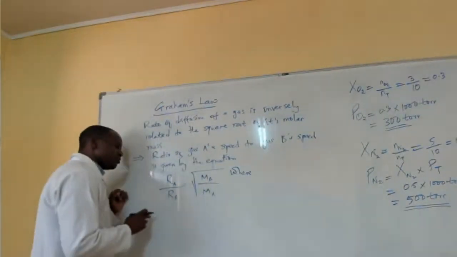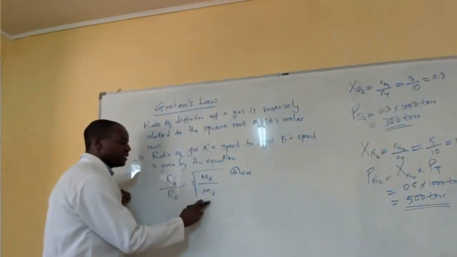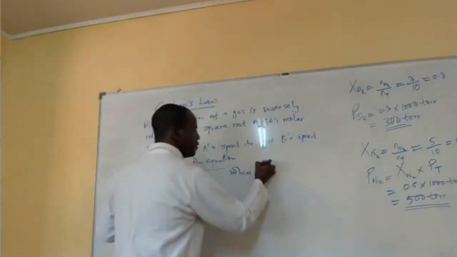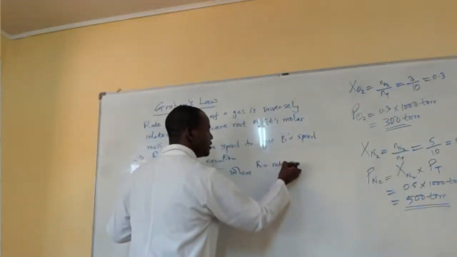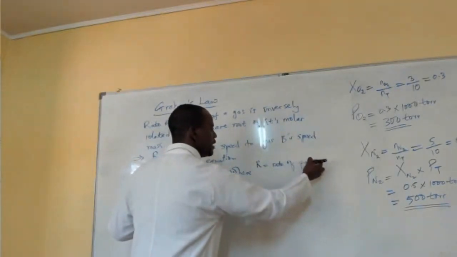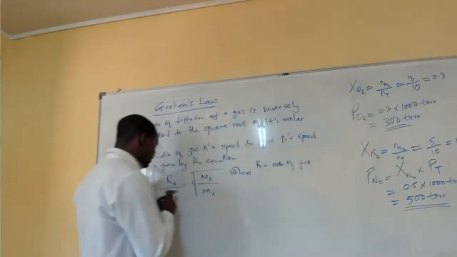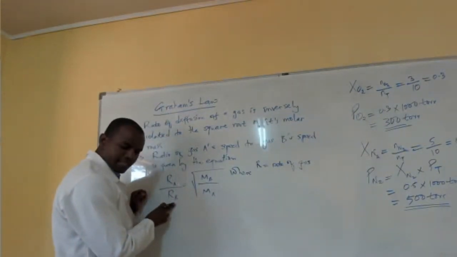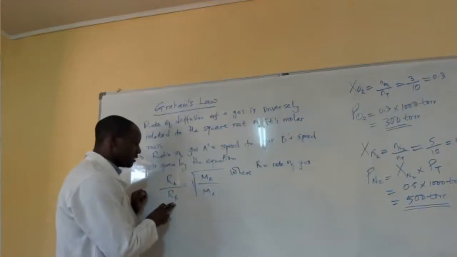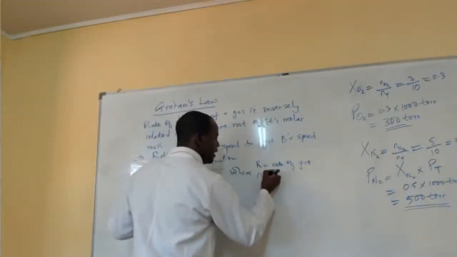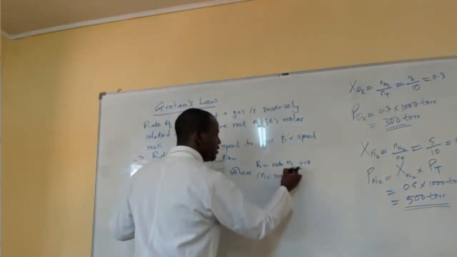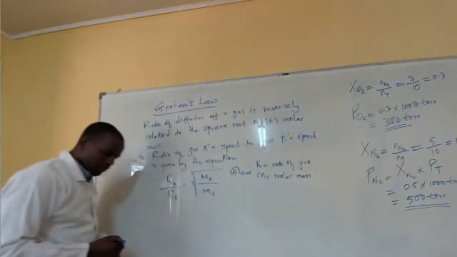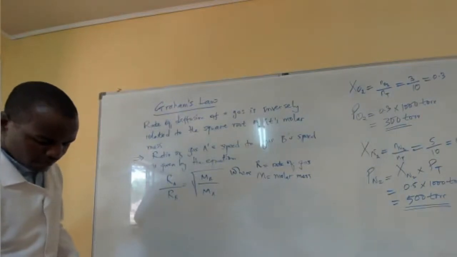So here the numerator is A, here the denominator is the mass of A. So just take note of that. R is the rate of the gas, so RA is the rate of gas A, RB is the rate of gas B, and M is the molar mass of the gas.